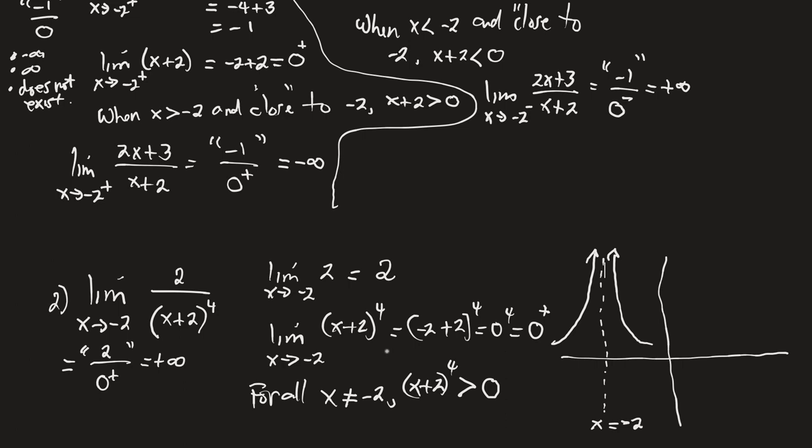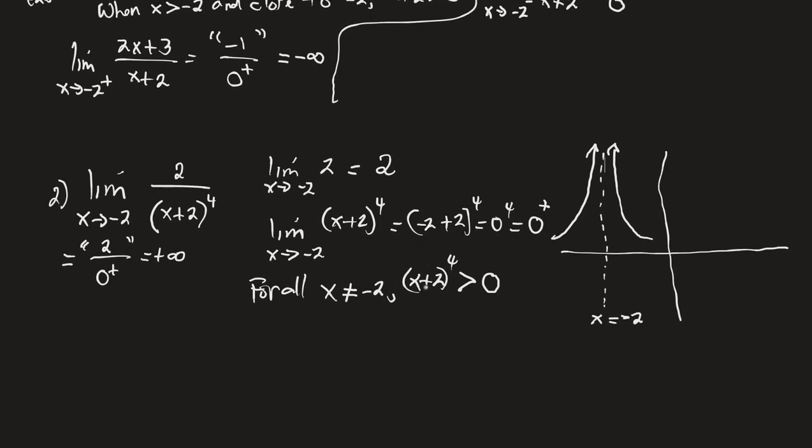So that's what happens when you end up with the denominator being always positive, right? Or sometimes it could be always negative, and then the function would be going down on both sides of the vertical asymptote. All right. Let's try one more example.